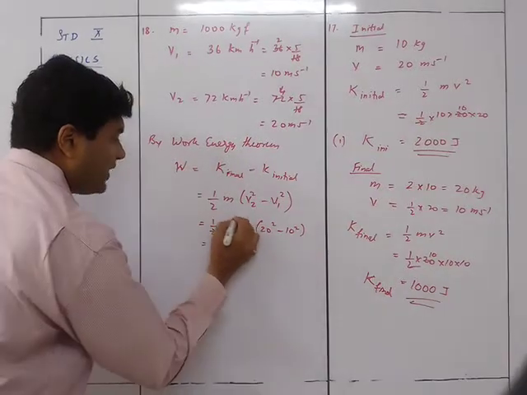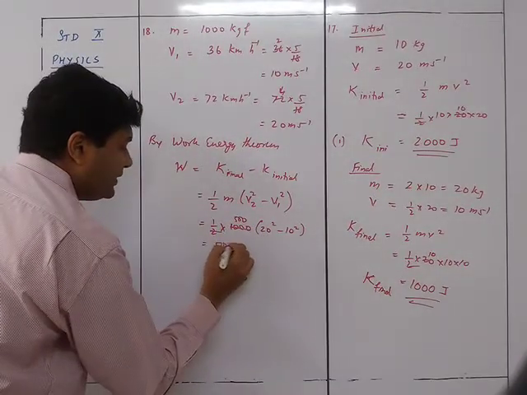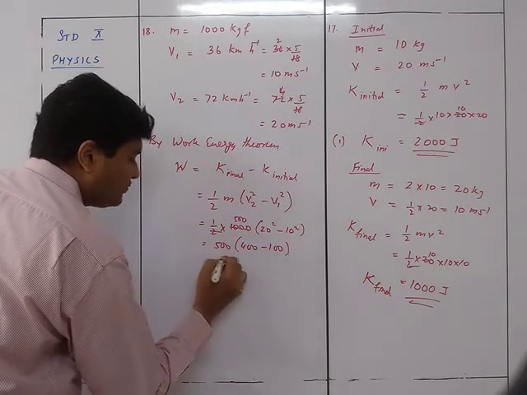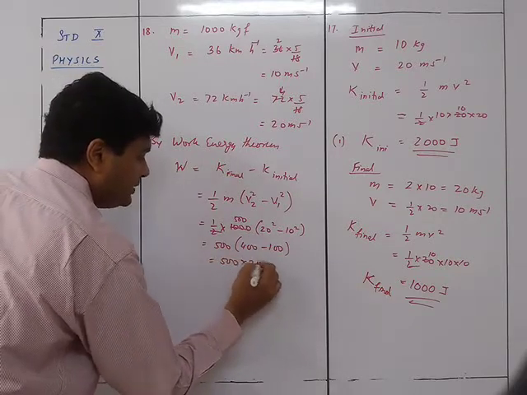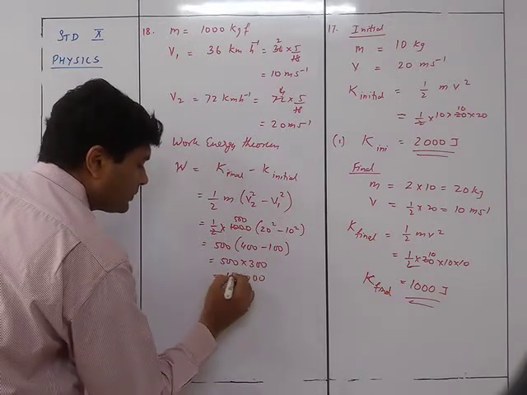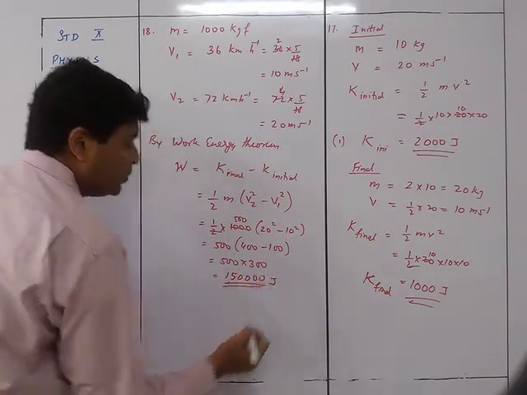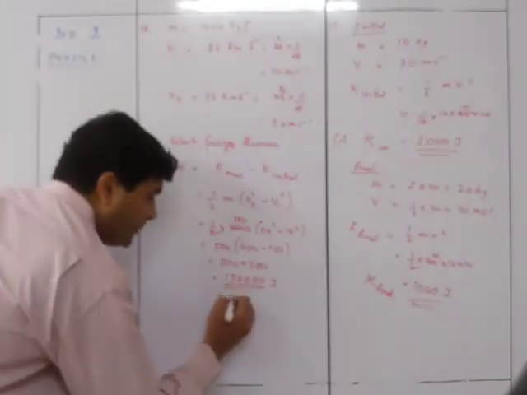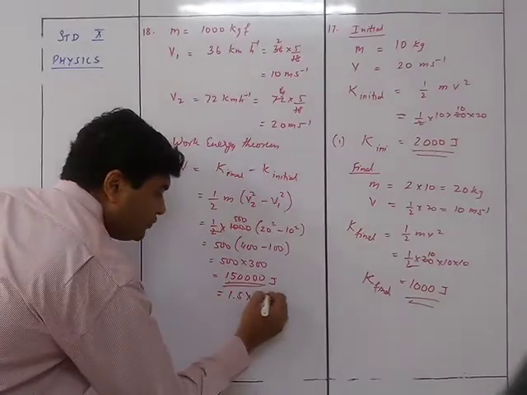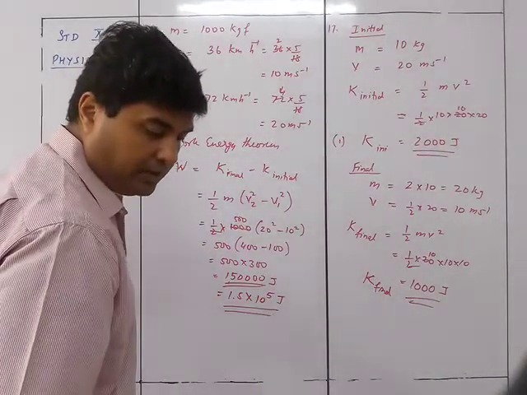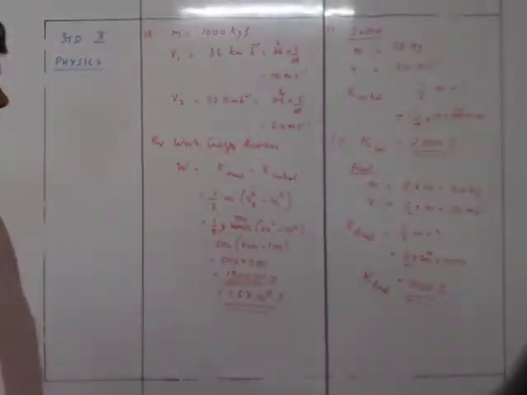So that's 500 into 400 minus 100. So that's 500 into 300, which is equal to 150000 joule. The work done, you can write in the form of 1.5 into 10 raised to 5 joule. Okay, that is the work done.